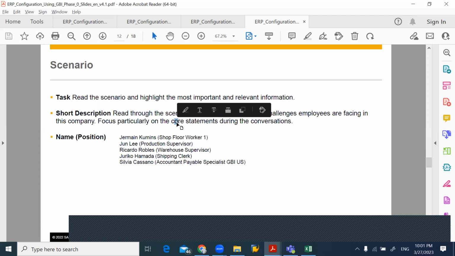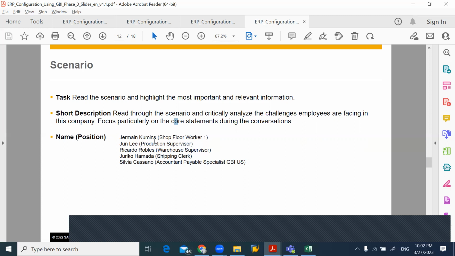You have to focus on those emails and find out what challenges the employees are facing. For example, a person in the sales department got an order, and they want to manufacture. During the manufacturing, they found out they have some issues. The emails are going back and forth between Jermaine, John, Ricardo, Jurico and Sylvia.